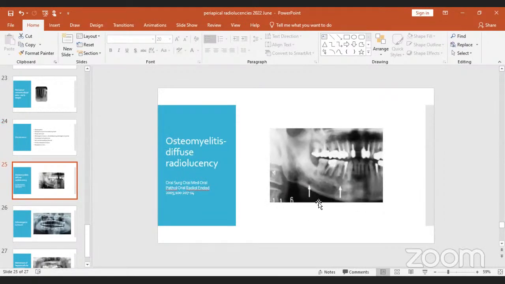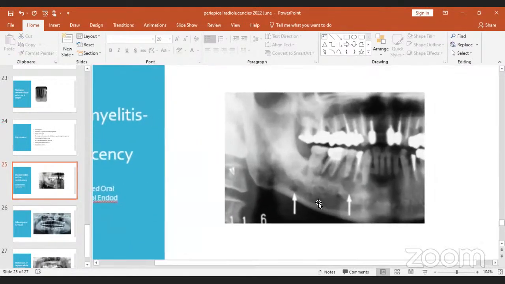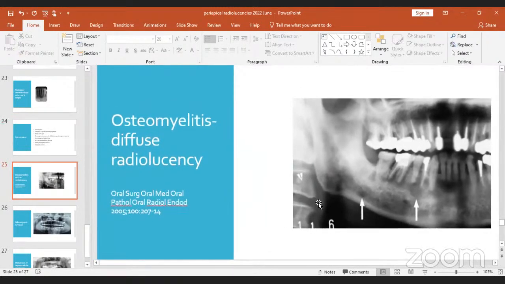This is an example of osteomyelitis, where we have diffuse radiolucencies in the affected area. Here you'll find multiple radiolucencies, and probably this patient has pain and other symptoms like fever; they are febrile, feeling sick.